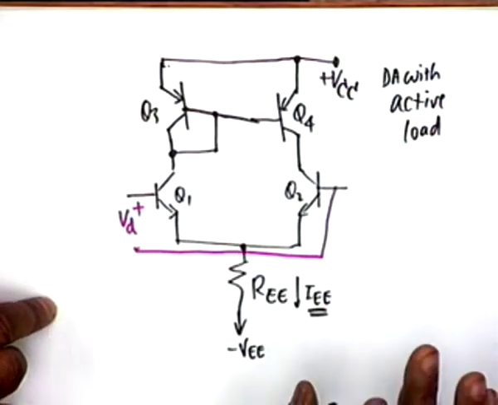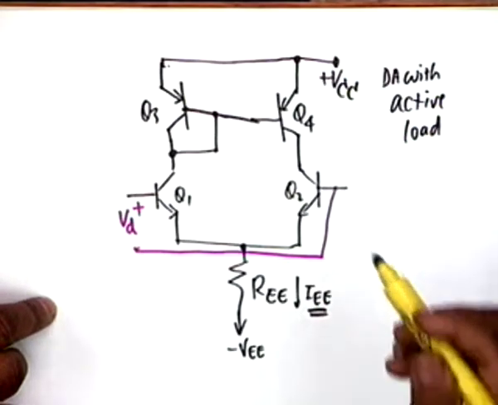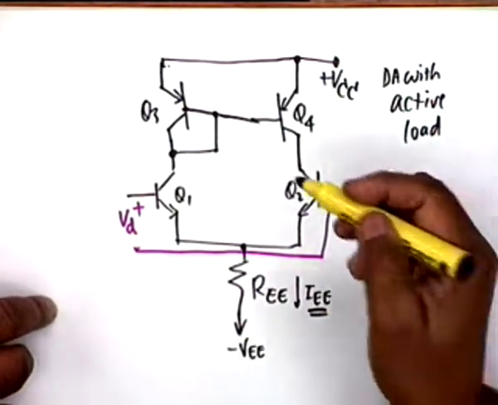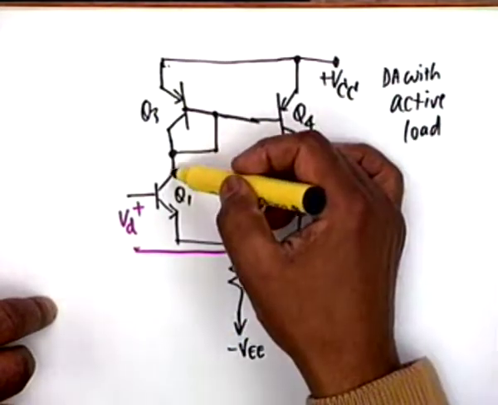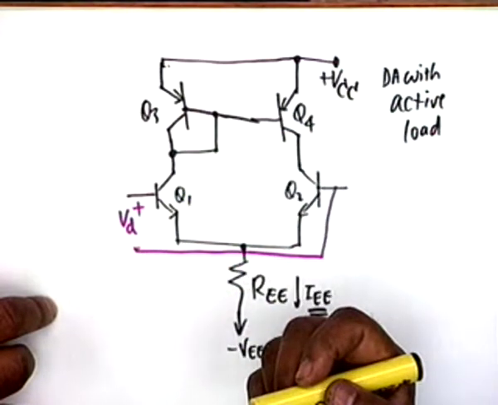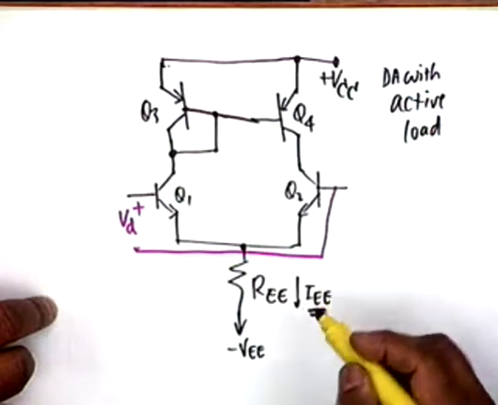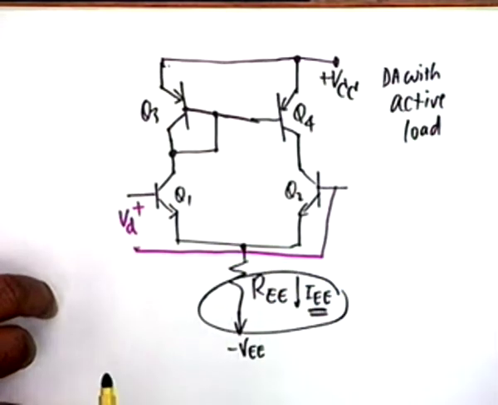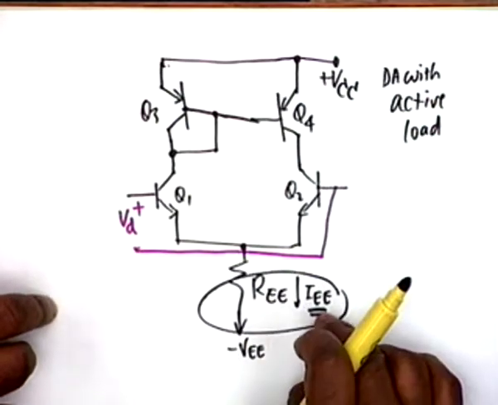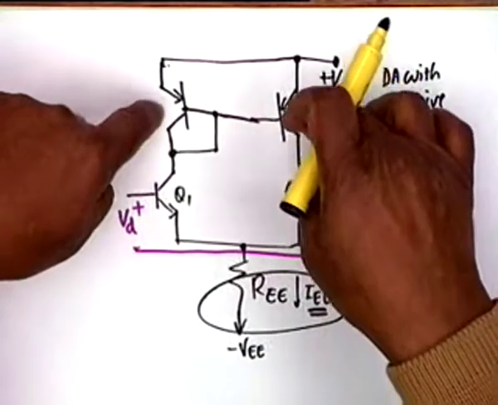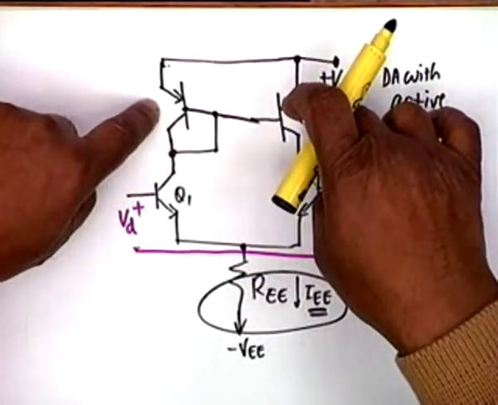Is the point clear? No, sir. So, no? You see, for a current mirror we require a reference resistor. Reference resistor would have been needed if this was referred to a resistance and a source. We don't require it here because IEE is again itself a current source, and therefore IEE can act as a reference for Q3, Q4 current mirror.